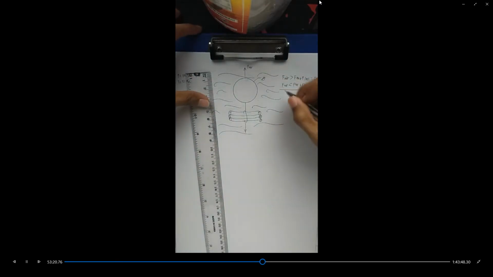Since force is defined as mass times gravity, and gravity is constant, especially if we are in standard conditions, we can cancel out gravity on all three of them.